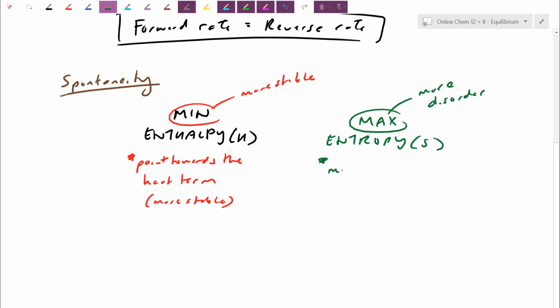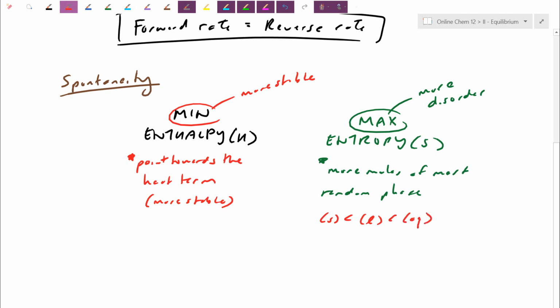We want to look for which side has more moles of the most random phase. And we had a relative ordering of these phases. Solids are nice and ordered, packed together, so liquids are going to be better than that. Mixtures are always going to be more chaotic than a pure sample. And then we have gases spreading out through the rest of the container. That one definitely will be the highest entropy, right?